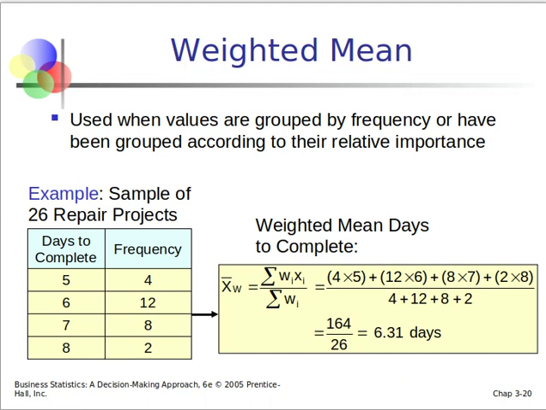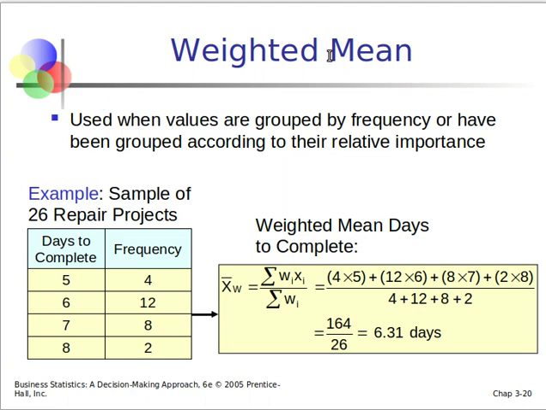Now, that was mean, median, mode. Now, this time it's another measure to know where the center of a sample is, the weighted mean. It's the same. It's a mean.